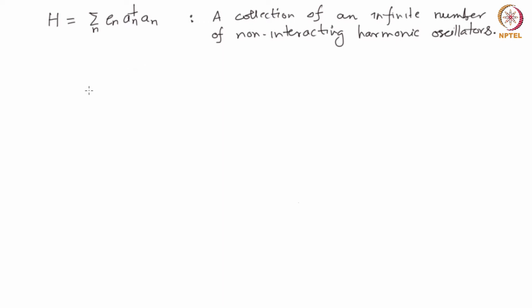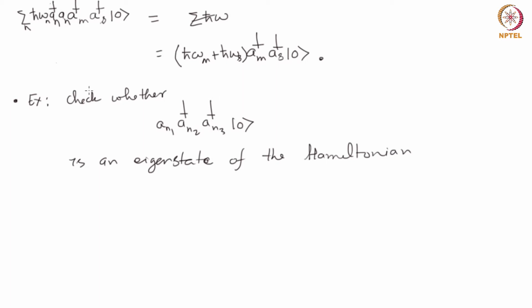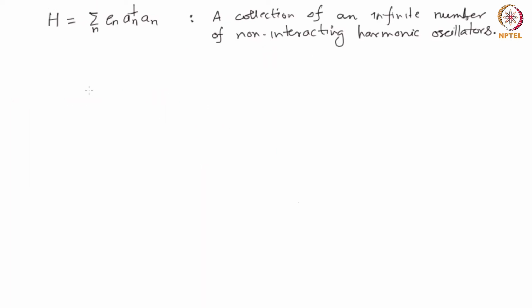And we started looking at, if you recall, let me go back if I can, the eigenstates of this Hamiltonian, and that's what I'm going to do today in a little bit more generality. So let's find out the eigenstates of this Hamiltonian.